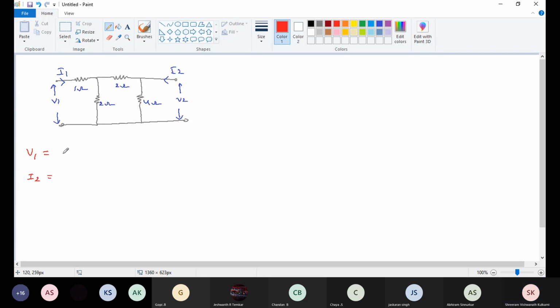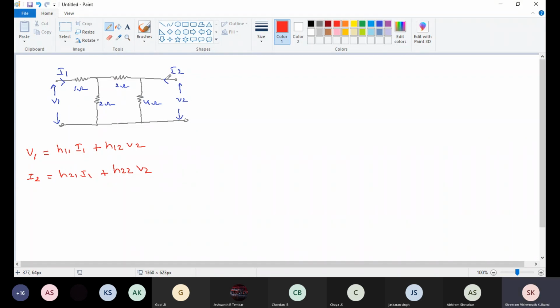V1 equals H11 I1 plus H12 V2, I2 equals H21 I1 plus H22 V2. Okay, these are the H parameter equations. Now first step, let V2 equal to 0.